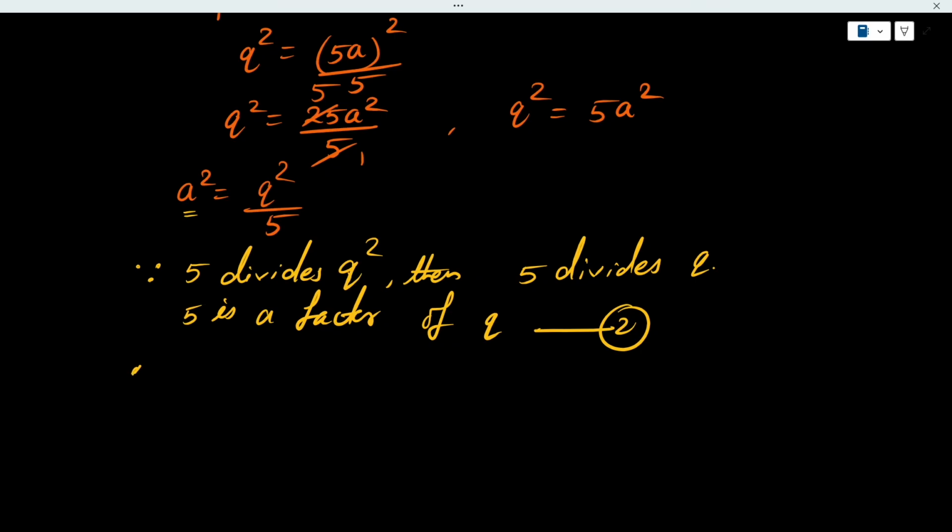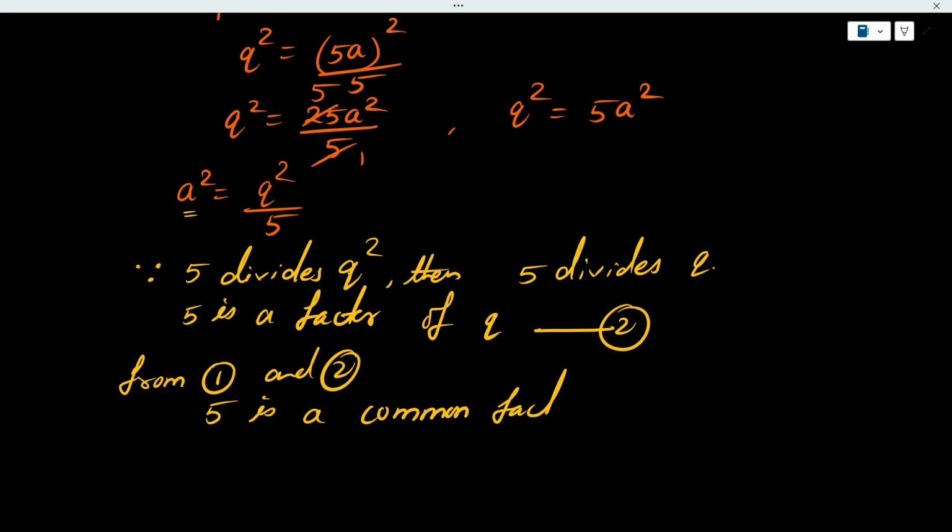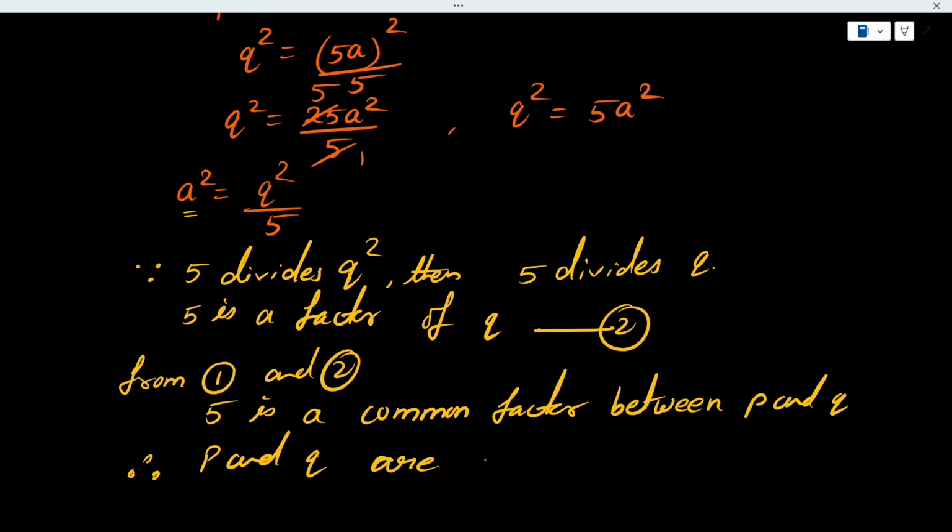Therefore, from 1 and 2 you can see that 5 is a common factor between p and q. Therefore, p and q are not coprime, because coprime means the common factor should be only one. This is the most important part here, right?